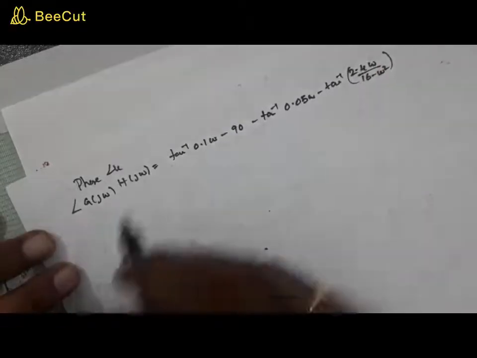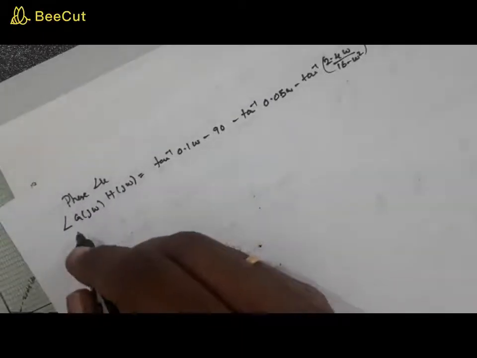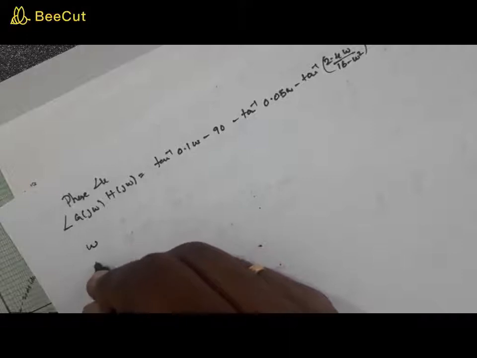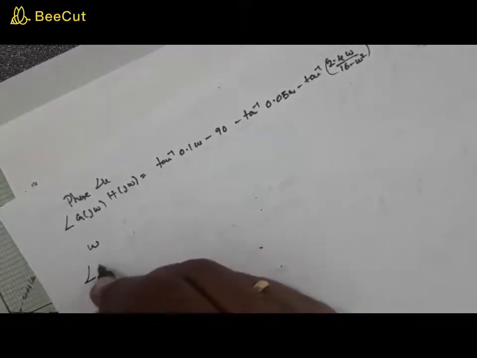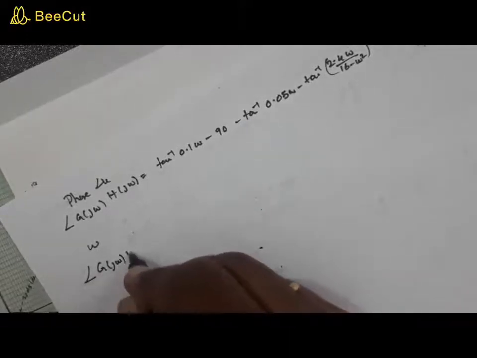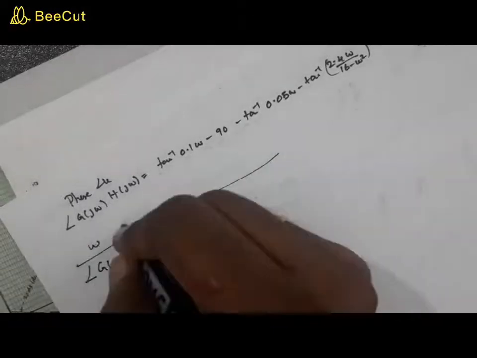Using this expression, you can have arbitrary values. So you may just follow what I am doing. Obtain the tabular column, G of omega, H of omega.